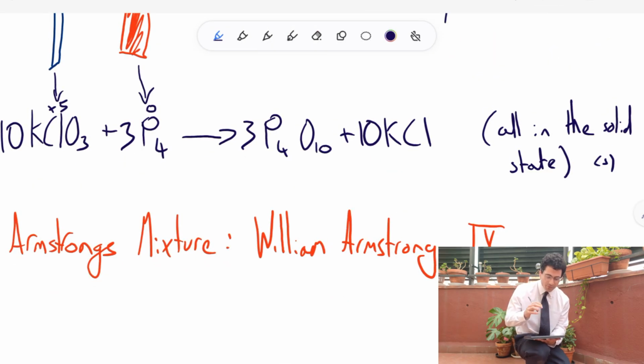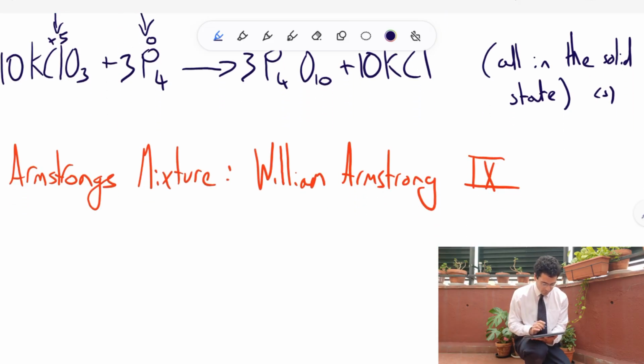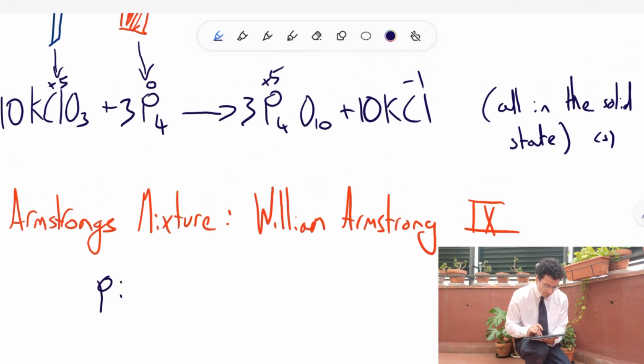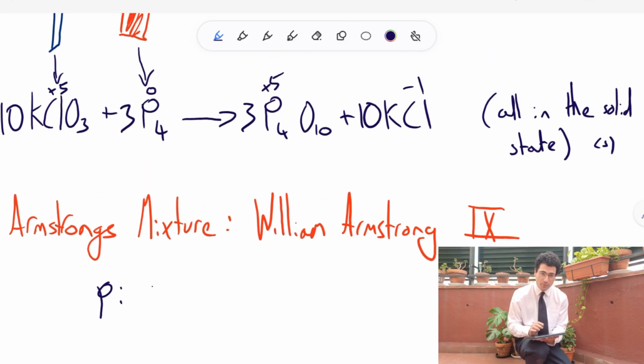Now oxygen, so that's -2 times 10 is -20, which means that we have 4 lots of a certain amount of charge needs to equal +20. So we know that 4 times 5 is 20. So this is +5. And we know that, again, potassium is +1, so chlorine has to be -1. So if we take phosphorus, we see that a single atom of phosphorus goes from 0 to 5.